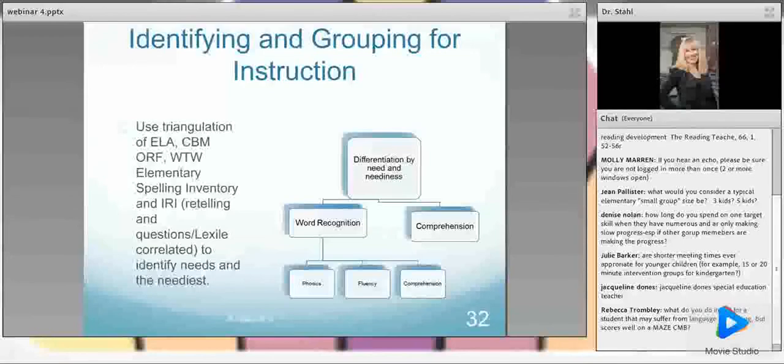But the intervention is going to have to incorporate comprehension as well. So which of these 3 boxes do they need: just fluency and comprehension, or phonics, fluency, and comprehension if they are having a word recognition problem? Your diagnostic tests need to identify this.